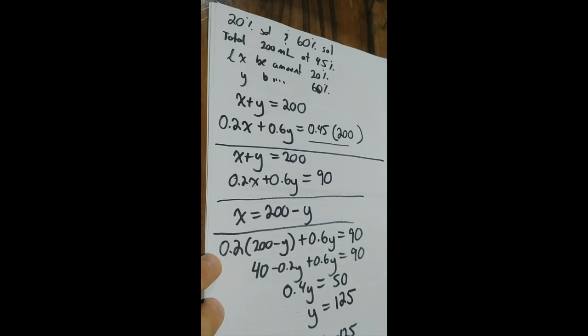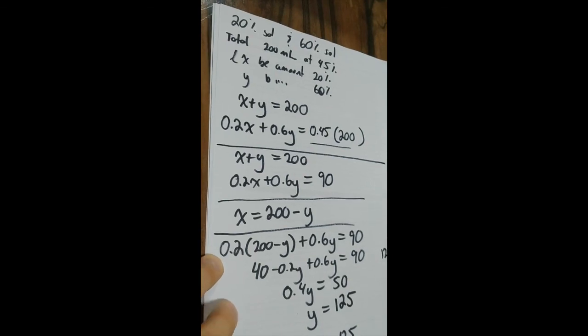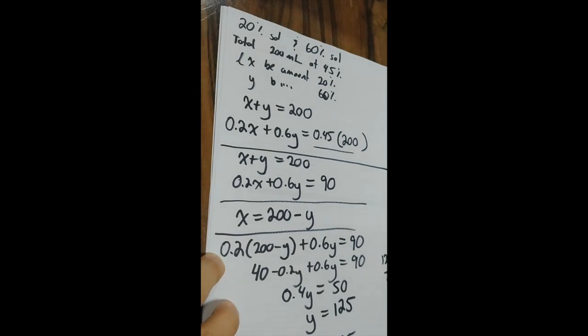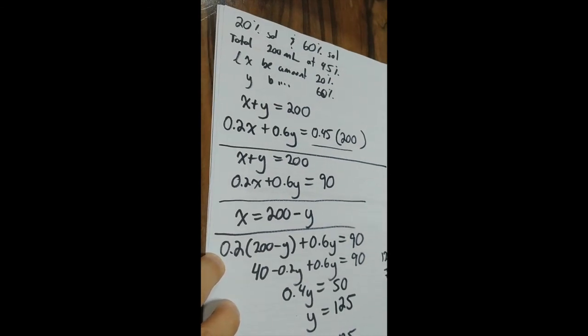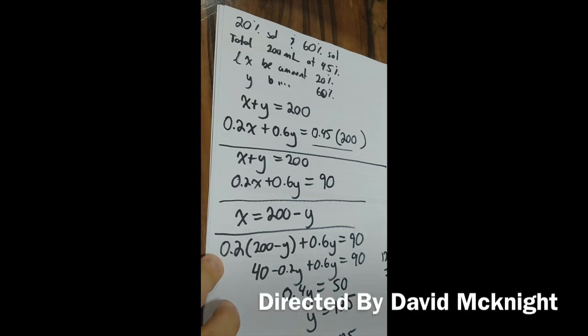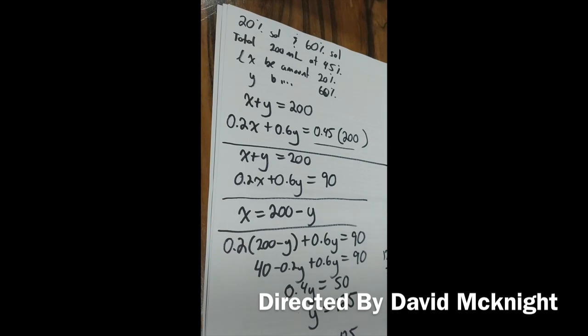So that means we need 125 mL at 60% and another 75 mL at 20%, and that will give us the mixture that we're looking for.